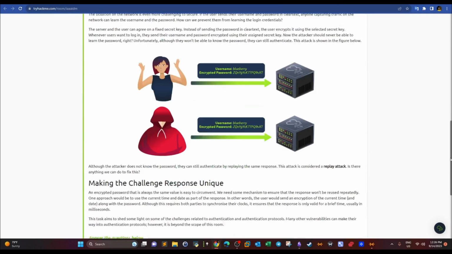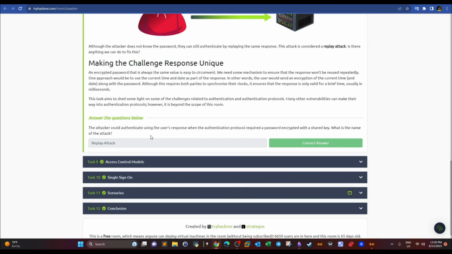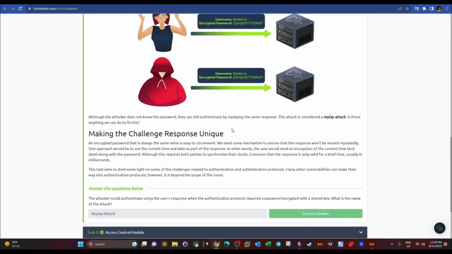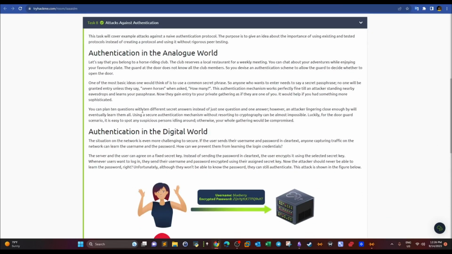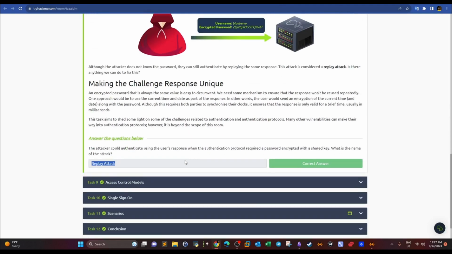Attacks against authentication. It's not a complete task, by the way, so I'm not going to touch on this. I'm going to just cover the answer, replay attack, because there are many attacks against authentication that are not mentioned in this task. So it's enough to know that the answer here is replay attack.